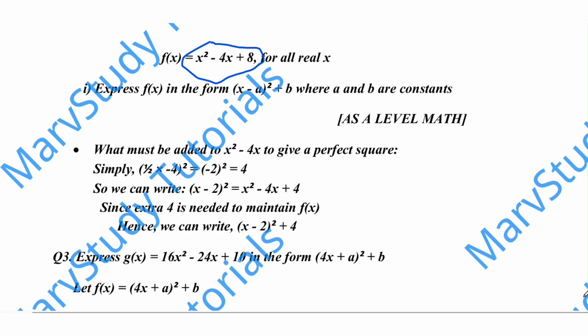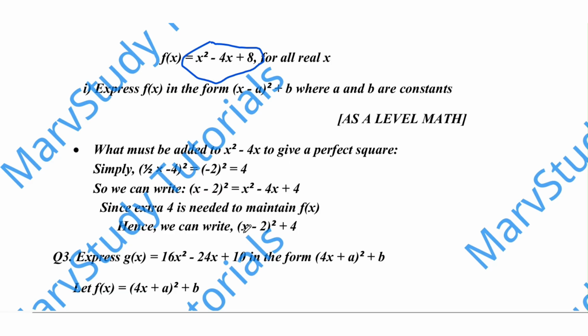So question number 3, you could also pause the video and attempt it. It says express g of x equal to 16x squared negative 24x plus 10 in the form 4x plus a all squared plus b. This is another style of how the questions go. And it's still connected to the completing the square method, but the approach will be quite different, because in this case, we are not having all the other ones we'll be doing. Look at this.